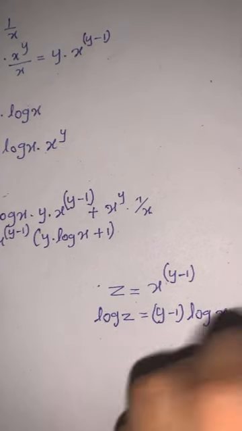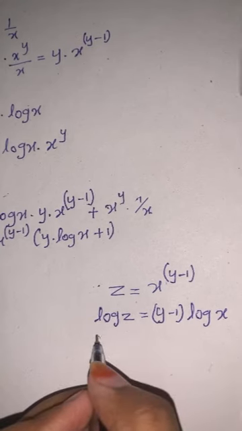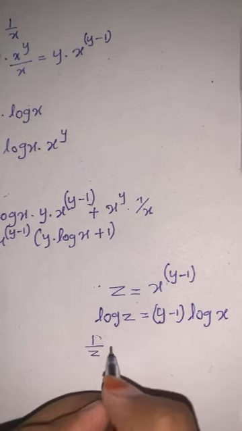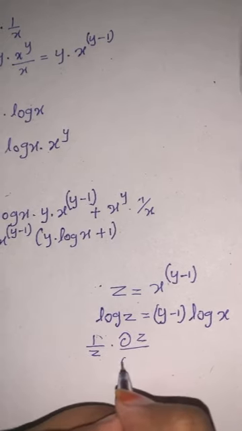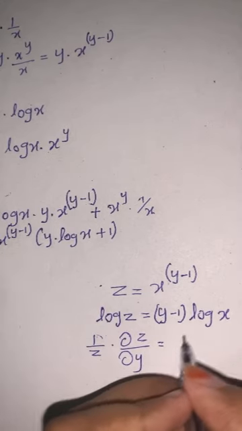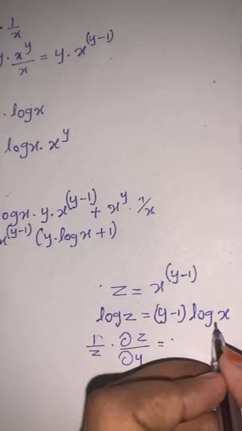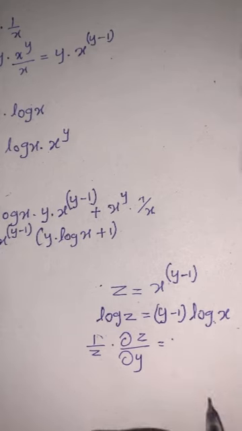So we can differentiate this with respect to y. So 1 over z into ∂z over ∂y is equal to, we can write this as y log x minus log x.